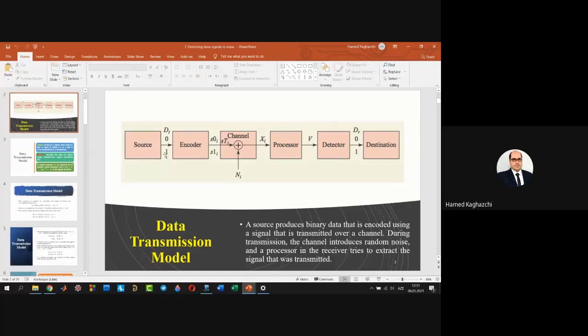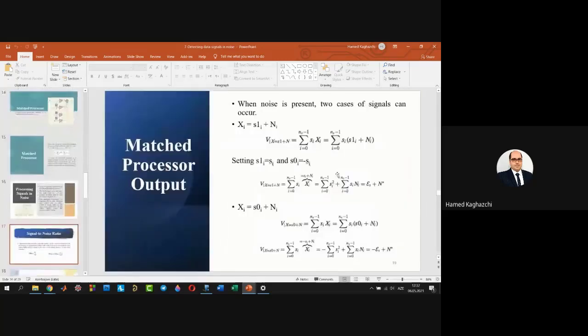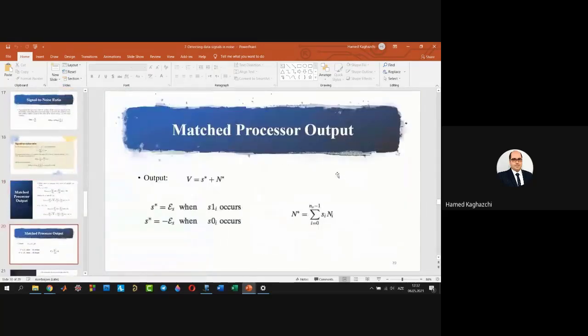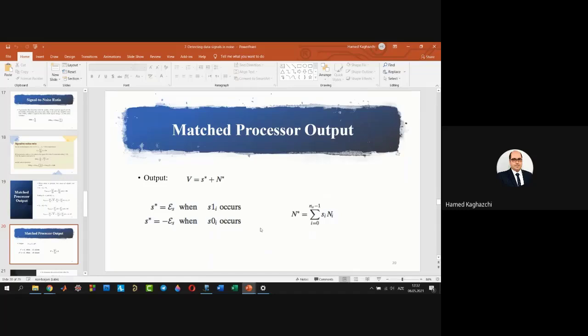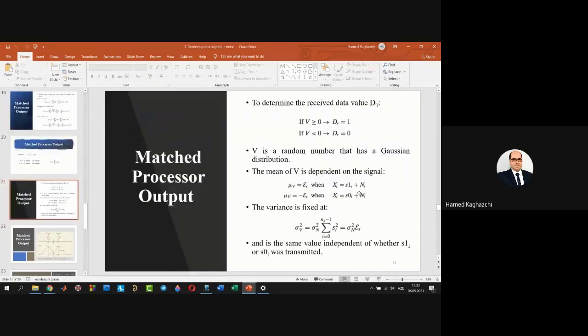And if I have 1, regardless of the value of ni, I will have also 1. And here I have written all of the things that I have talked about, and you can read and learn.